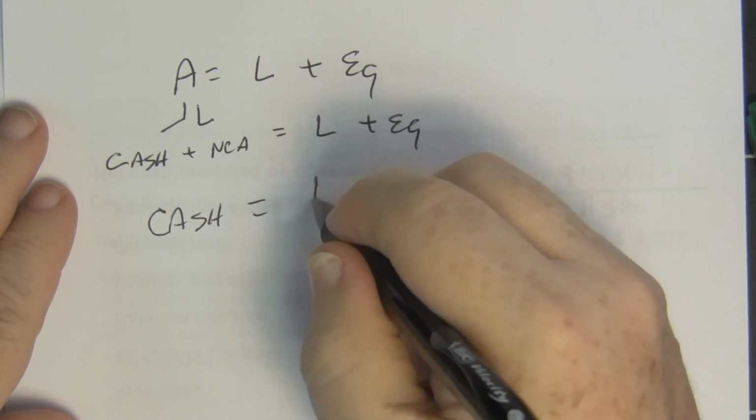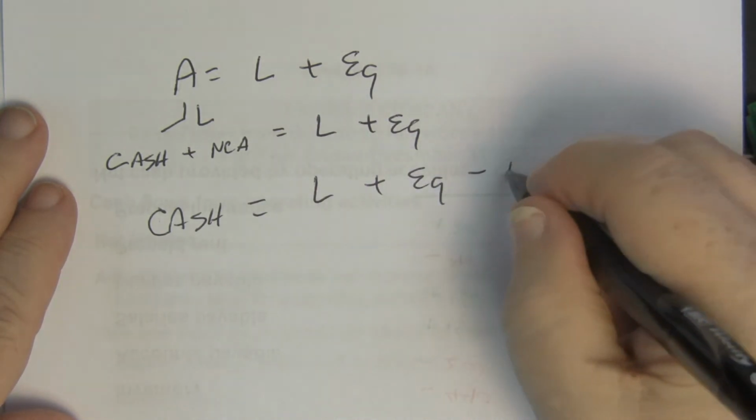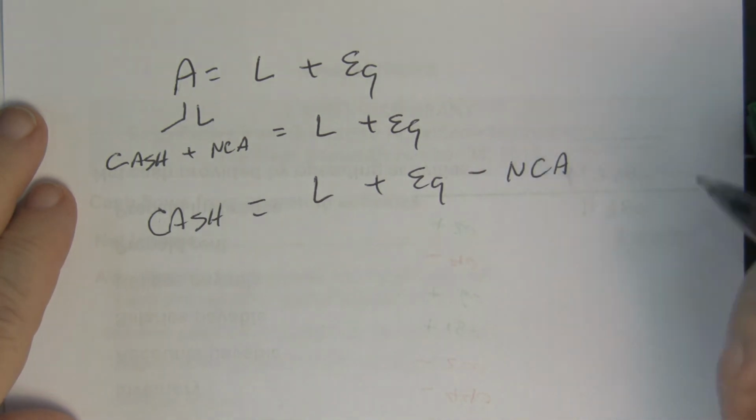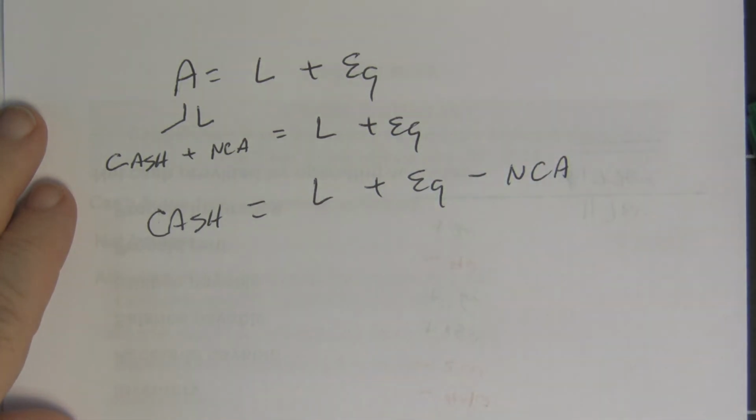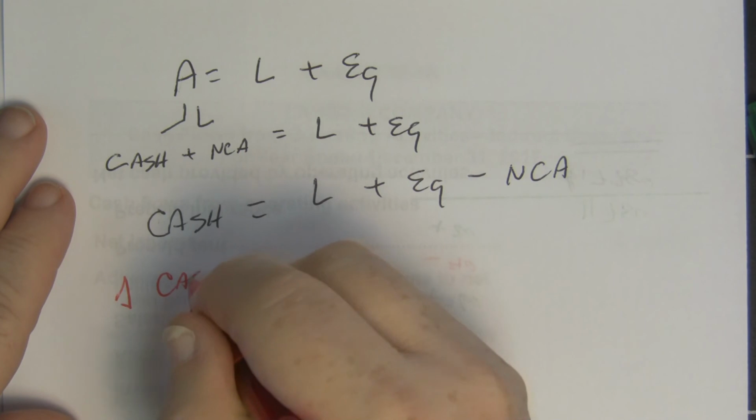Cash equals liabilities plus equities minus non-cash assets. And then we make that a dynamic equation by simply inserting the lowercase Greek letter delta.